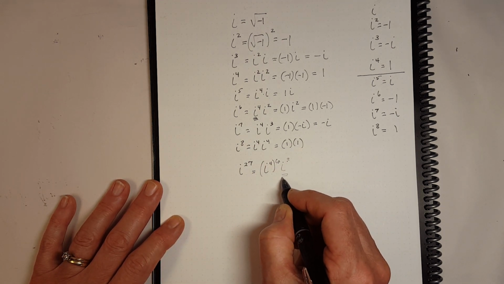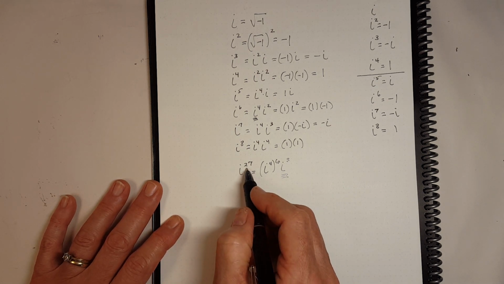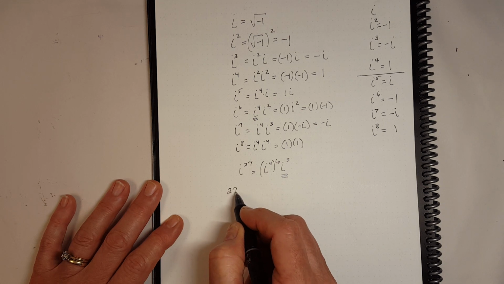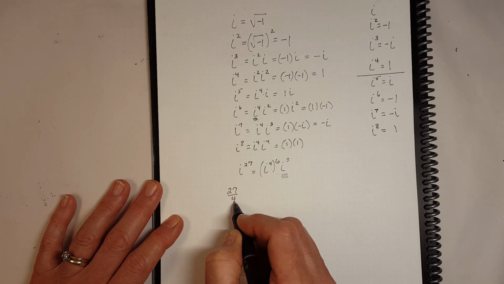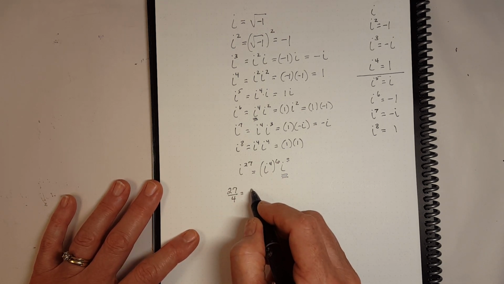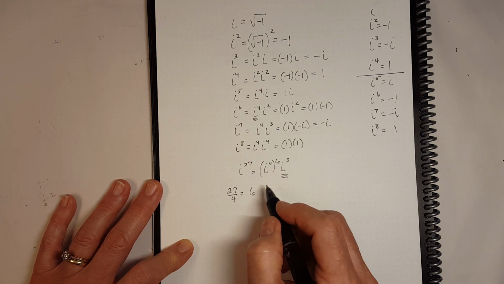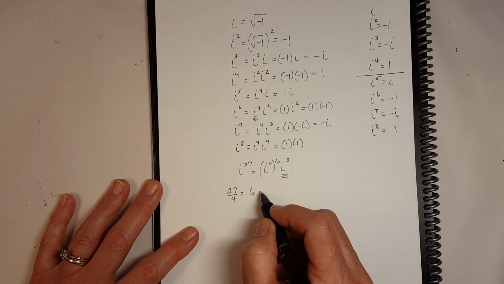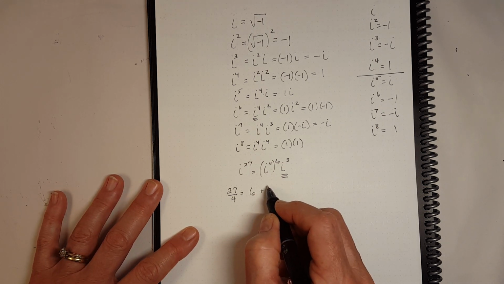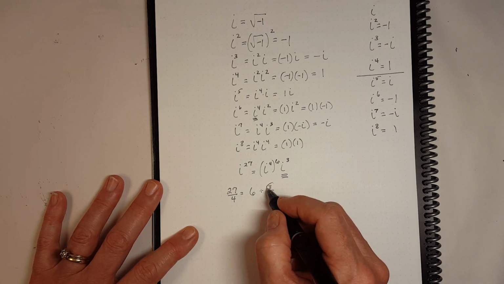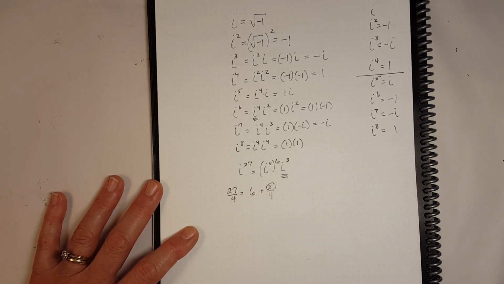So it's really this remainder that matters. So what you're going to do is take the power of i, and divide it by 4, and you're going to get a whole number. That's the number of i to the 4ths that you get. And then you're going to get a remainder, right? So it's 6 and 3/4 remaining, right? And this is your power of i that's left there.